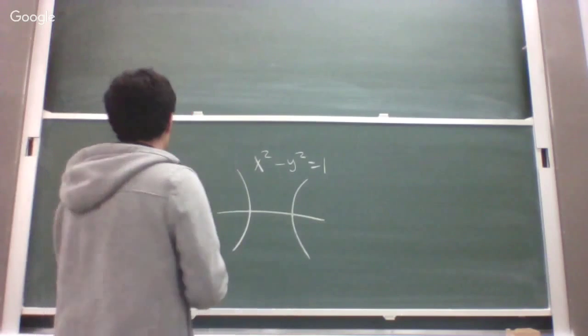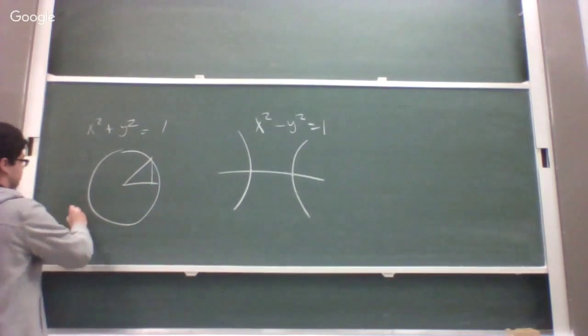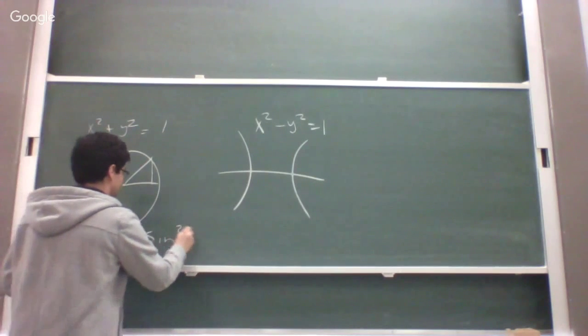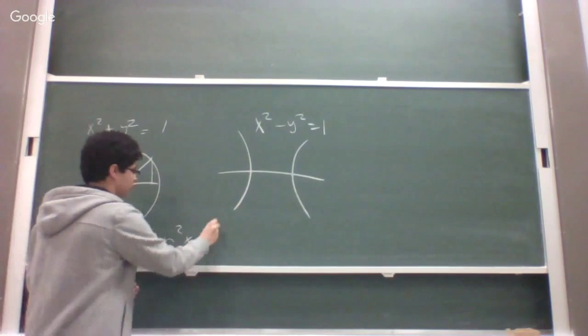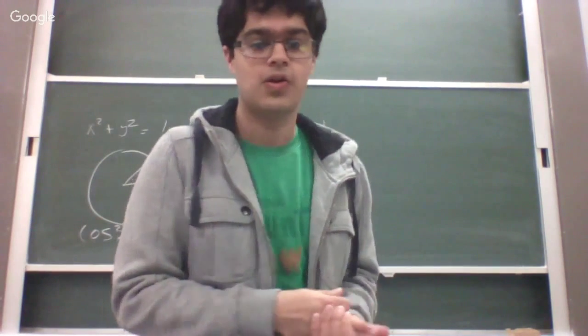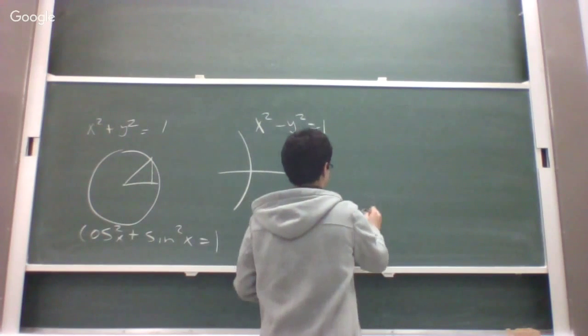Okay. So in this, we have normally cosine squared plus sine squared equals 1, right? What do you guys think this will be?